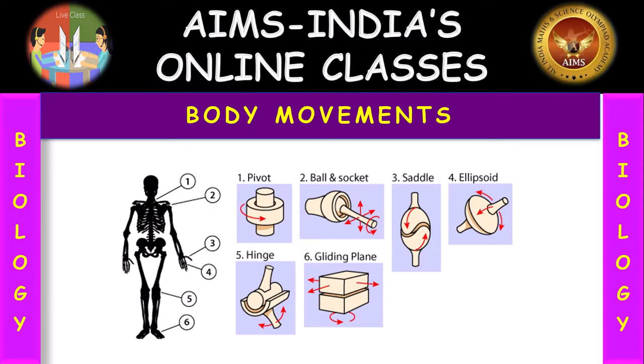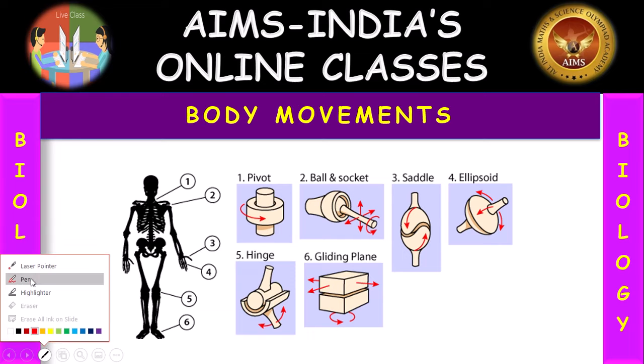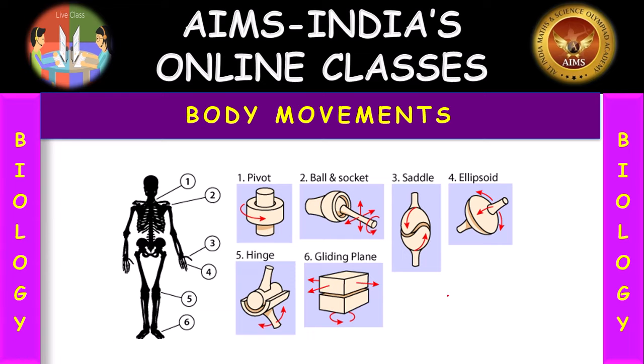Gliding joint. What is a gliding joint? A gliding joint is a synovial joint in which the end of one bone glides over the surface of the part of another bone.